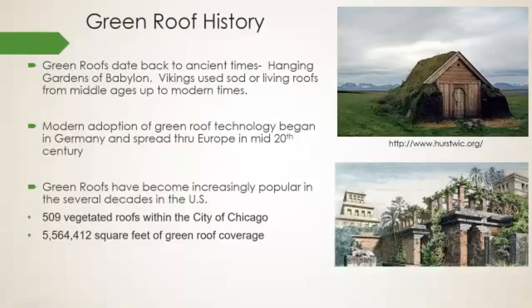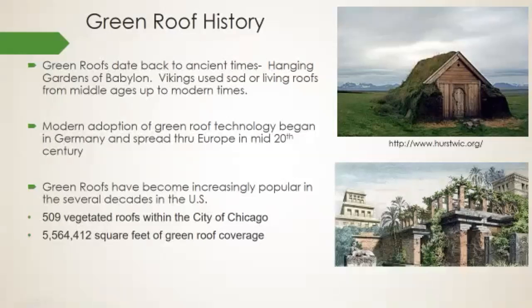and more popular in the United States, starting in probably the 70s. That's when we started to get a few more green roofs happening. So they were still maybe a novelty in the 70s, but starting in the 80s, 90s, they really started to pick up speed. And by the year 2020, modern day, the city of Chicago has probably now more than 509 vegetated roofs, and that comes out to almost 5,600,000 square feet of green roof coverage.